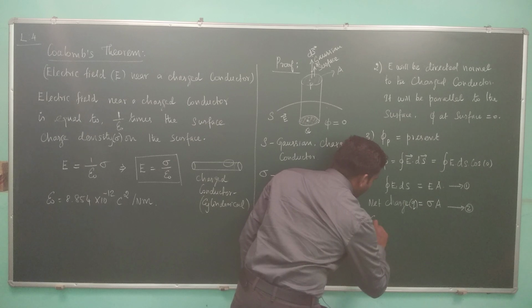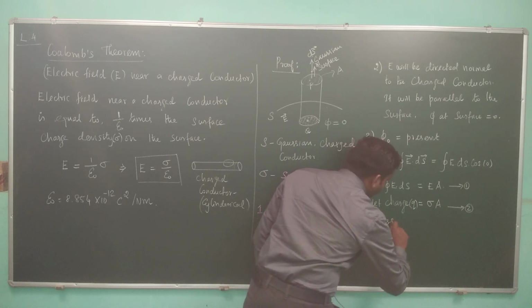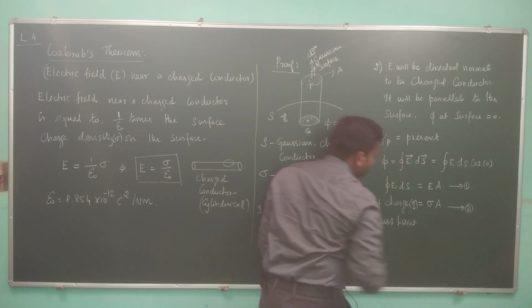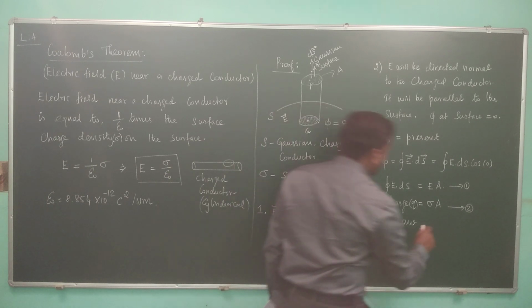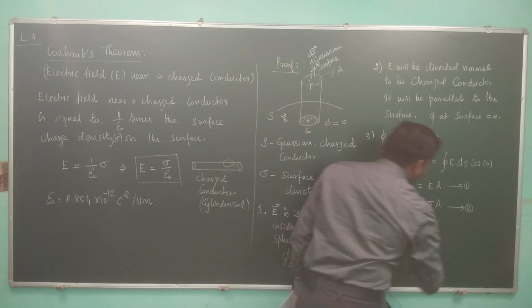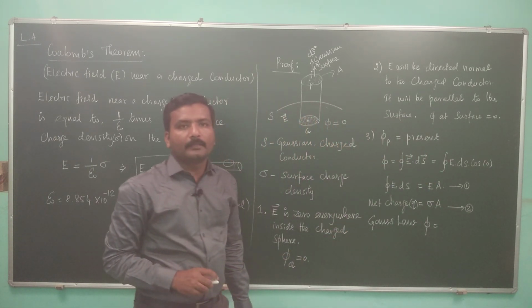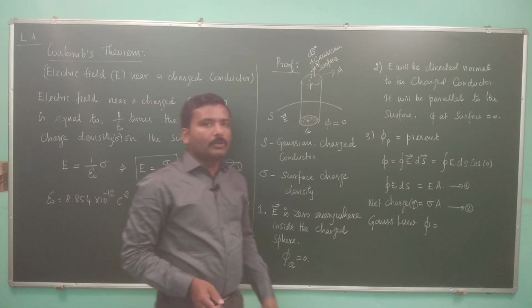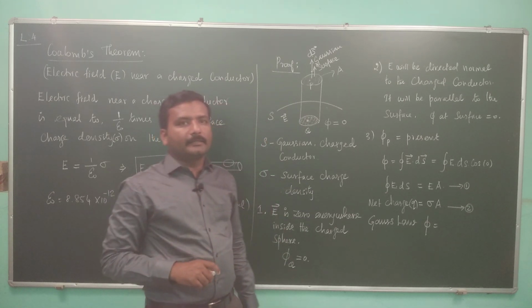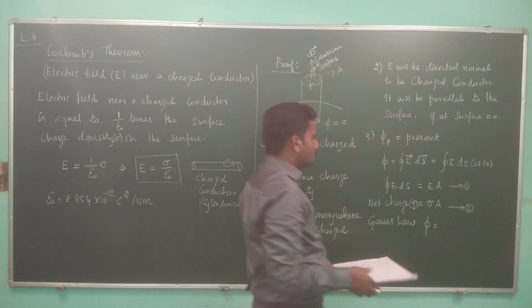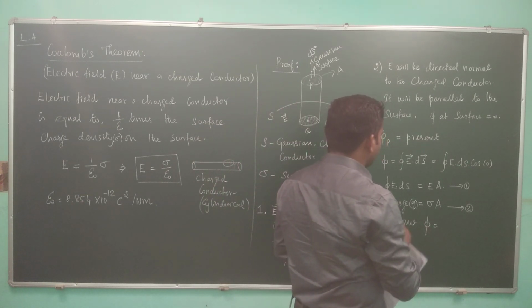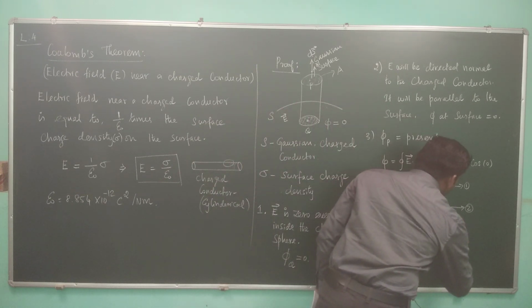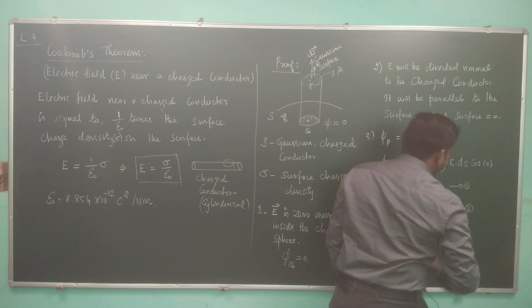Now according to Gauss law, we can write that the flux over an enclosed surface will be charge by epsilon naught.